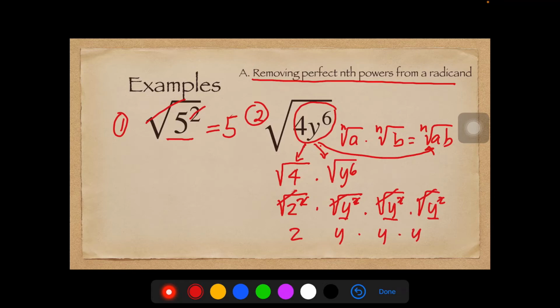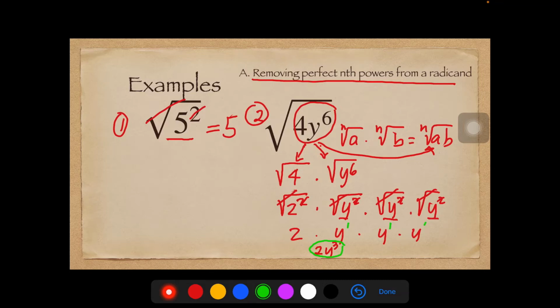Then when we multiply these numbers, as we have extracted them from the square root, the final answer is 2y cubed. Can you guess why it is y cubed? Because we have 1 here, another 1 here, and another 1 there, and when we add the exponents, the final answer is this one. Okay, I hope you can follow.